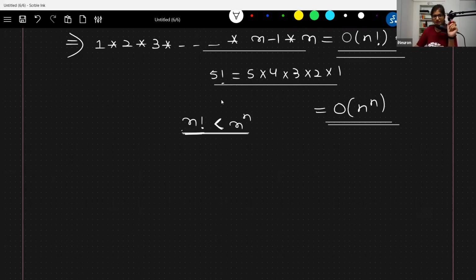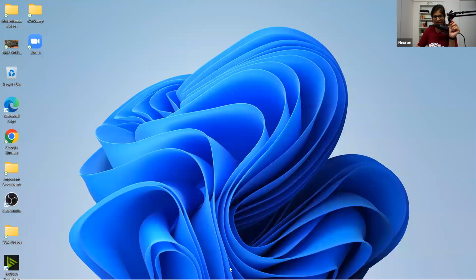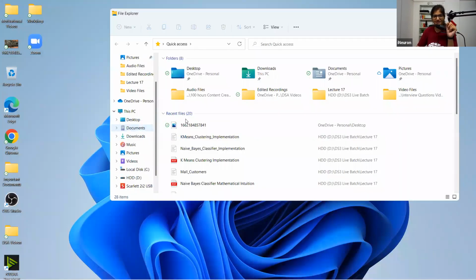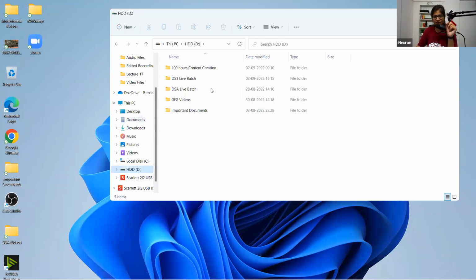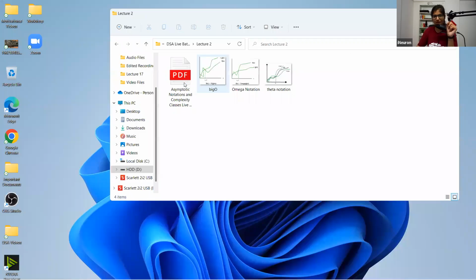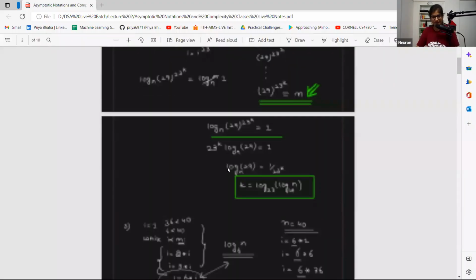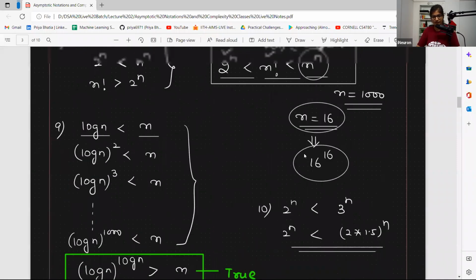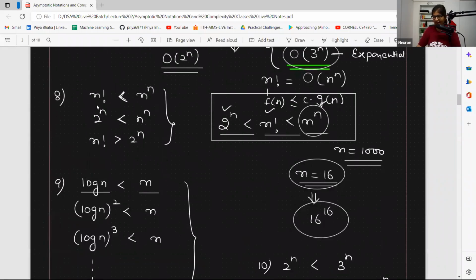If you remember my notes, I think I can show you, I have the saved files. So if you remember, I discussed it in lecture number 2, I think. If you see, we have discussed this relationship. The 8th point: n factorial is less than n to the power n.